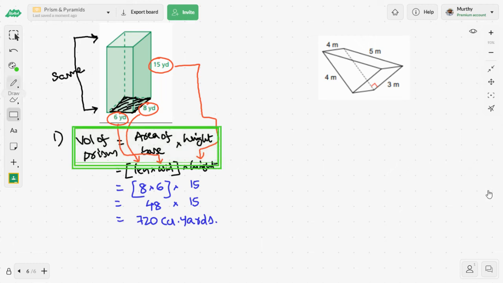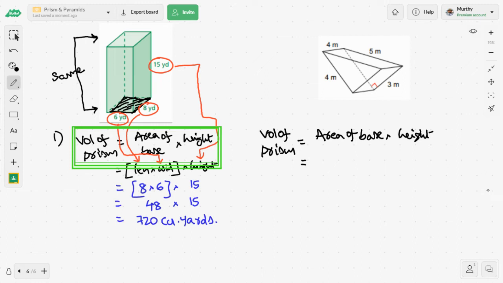That is the formula you have to remember. So volume of prism equals area of base times height. So here, what does area of base mean?